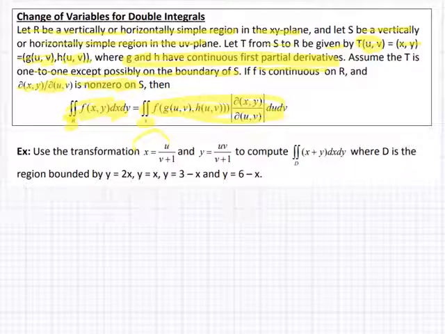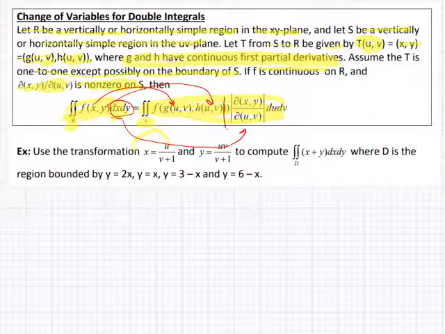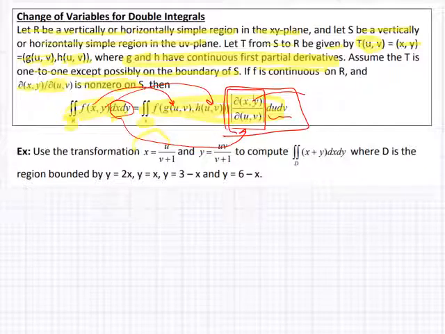X turns into this function of u and v, y turns into this function of u and v. The dx dy ports over to this new differential that has u and v in it, but it has the Jacobian, and not only that, it has the absolute value of the Jacobian.